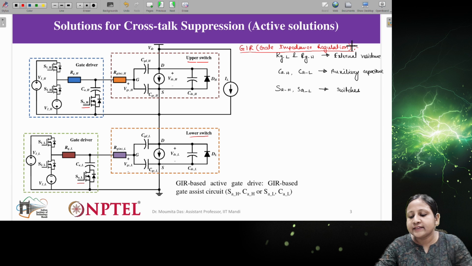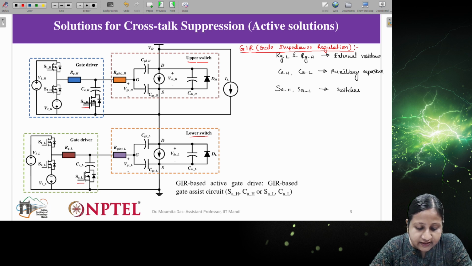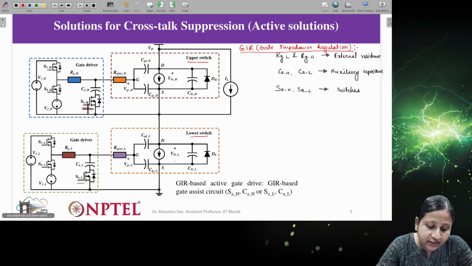So the idea is that we can regulate the impedance here by using the switches. The switches coming into the picture are SAH and SAL. Now you can see these switches are connected to the capacitance, but there are other switches which are connected to the gate driver network.